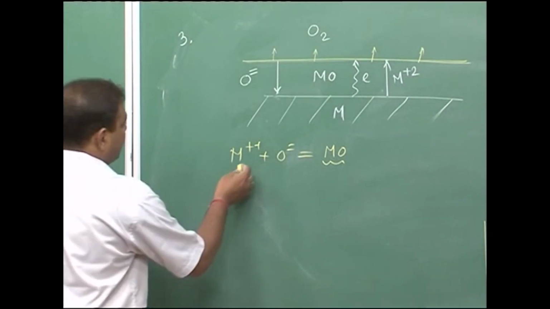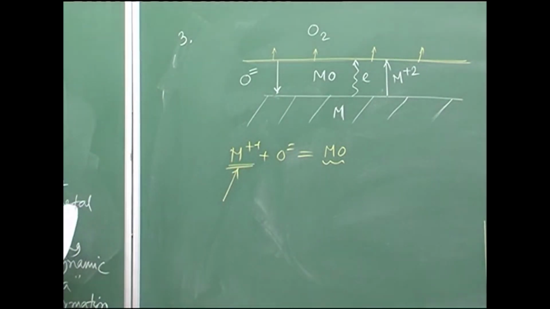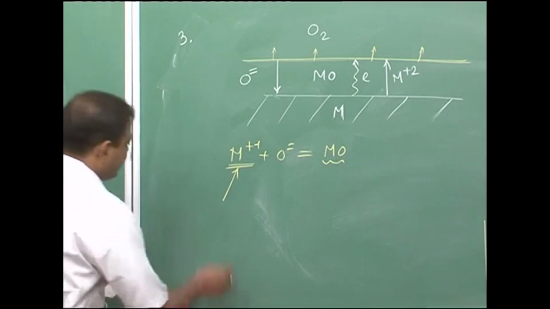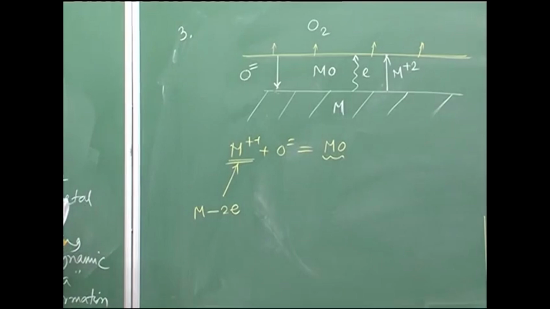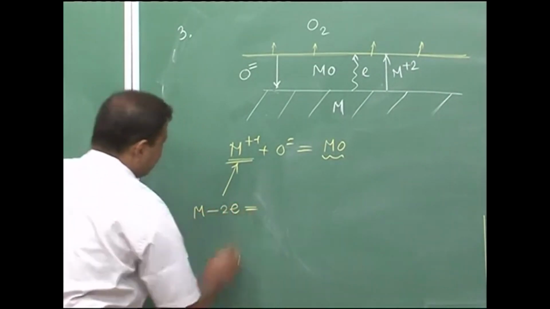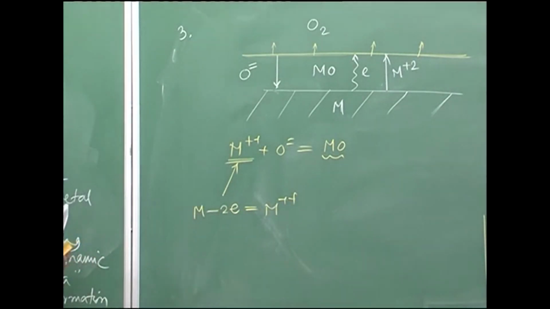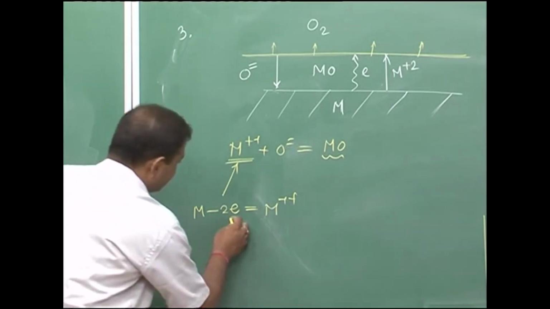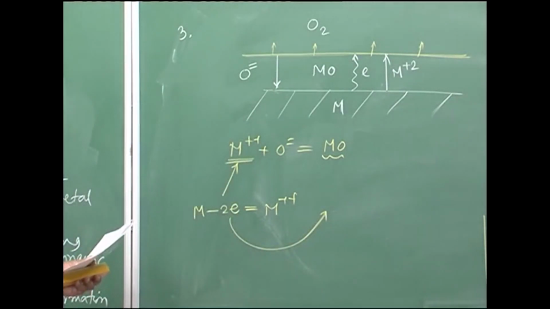First, in order to form M plus plus, we have this reaction: two electrons can be taken out from the metal atom, and then it forms M plus plus, and these two electrons can go to the oxygen.